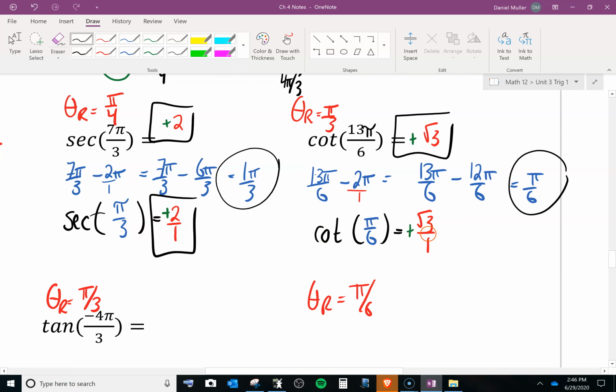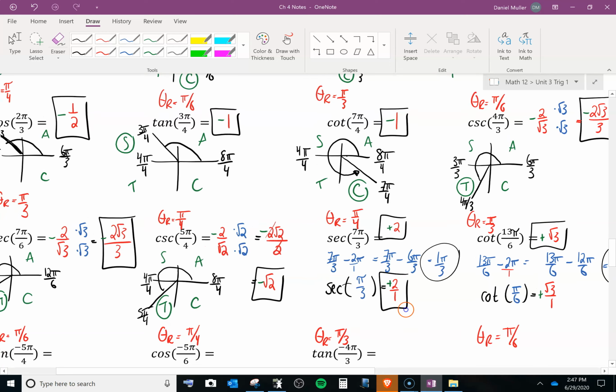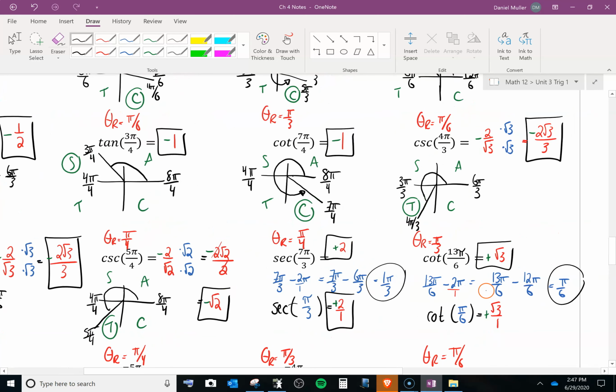Cotangent pi over 6, read it off the chart. And because it was right in the chart, all of my answers are positive because they're all in the A quadrant. I didn't have to do anything there, and I could just copy my answers up above. So those are some of the most complicated ones. I will zoom out here. There is some more practice in the worksheets that would definitely be helpful, but we still have 3 more questions to do, and we'll do those in the next video.